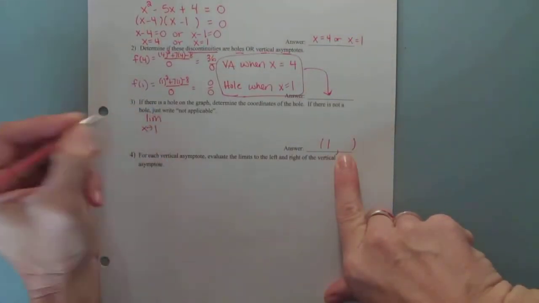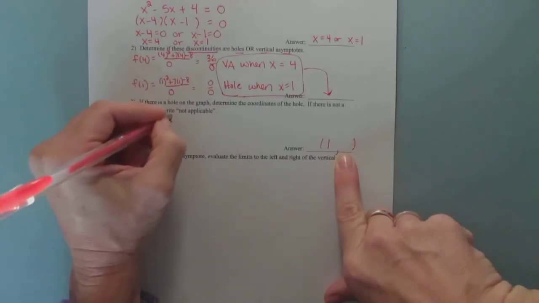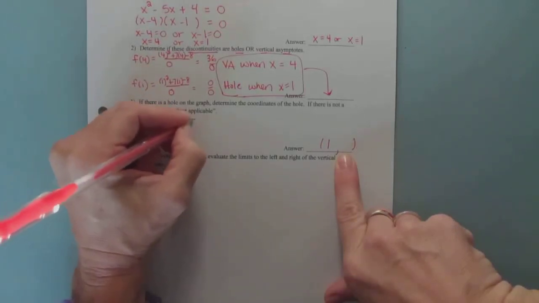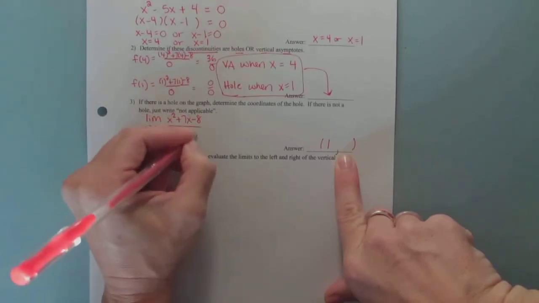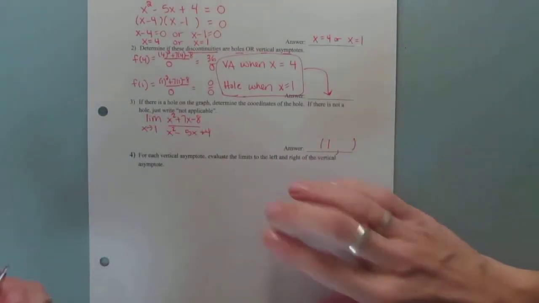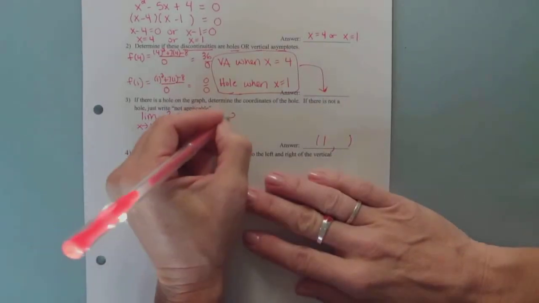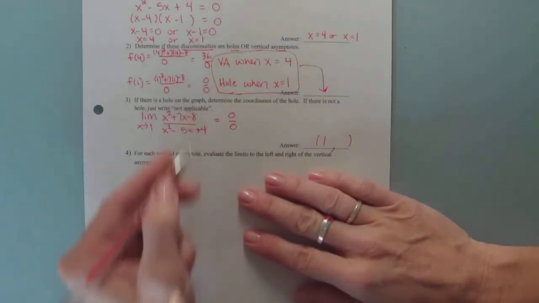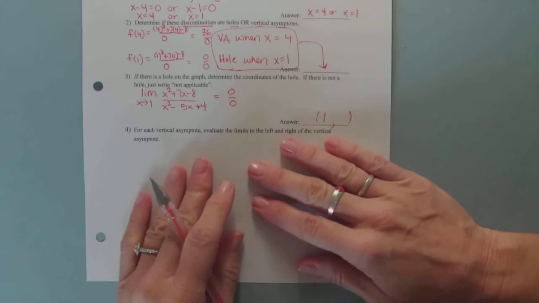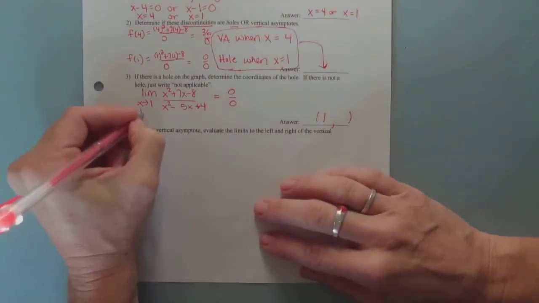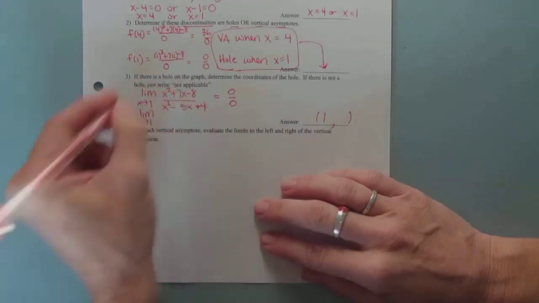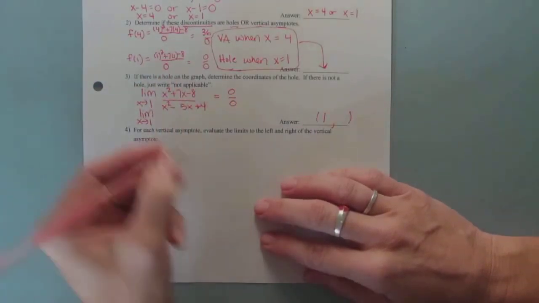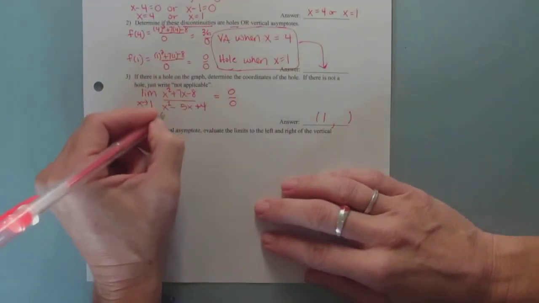So I'm going to do the limit as x approaches 1 of x squared plus 7x minus 8 divided by x squared minus 5x plus 4. When I plug that in, I get 0 over 0 because I did that up top. So now using my limit solving techniques, I'm going to factor this and see if anything cancels out.